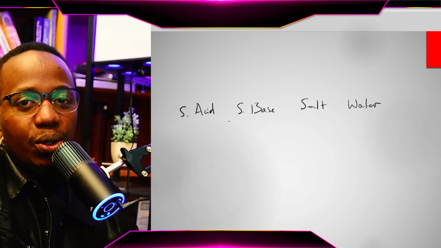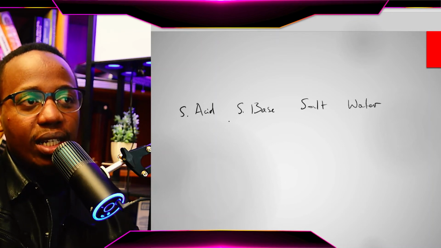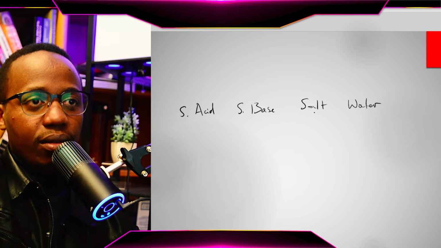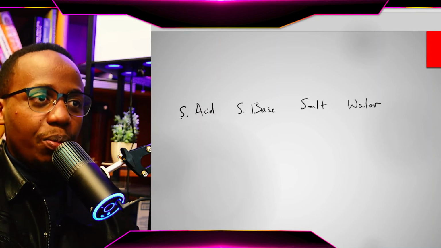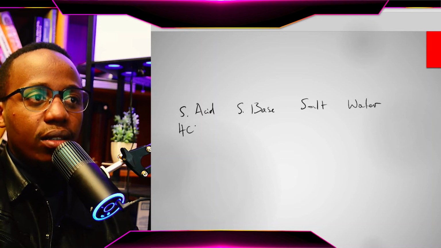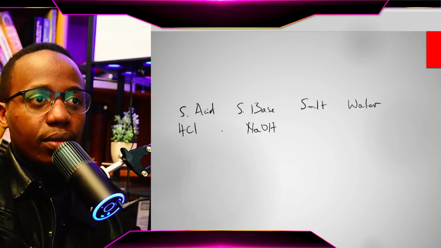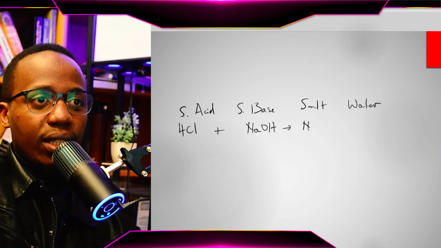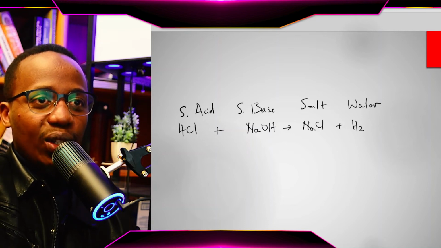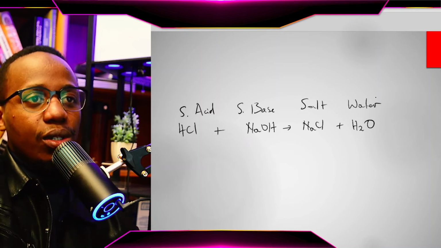That's why, by the way, we call it neutralization, because it goes from a very high pH and a very low pH, and then you get salt and water, which are neutral. The pH is neutral. So strong acid, an example is HCl, strong base NaOH. So you add this together, you get salt NaCl, then water H2O. All right, pretty cool.